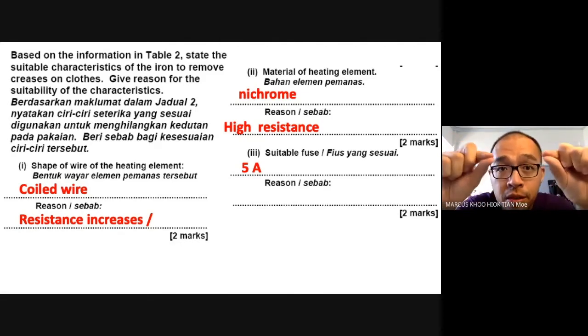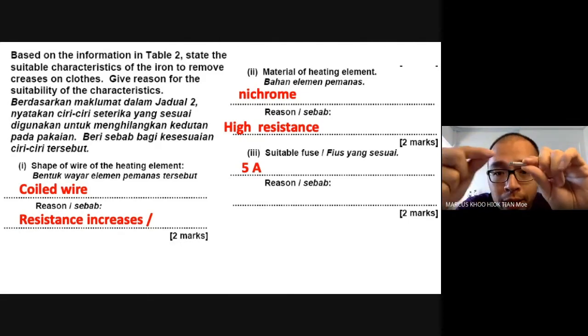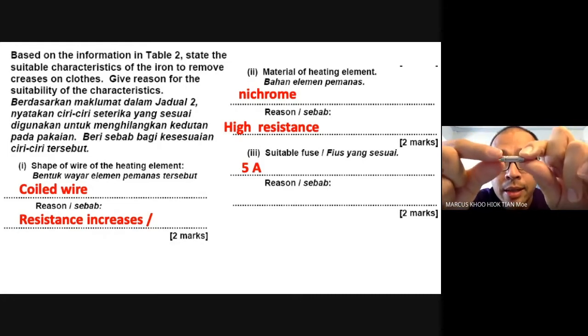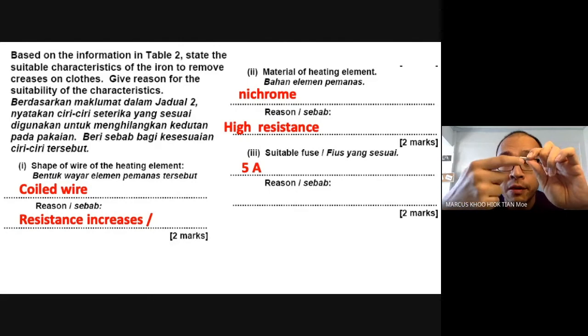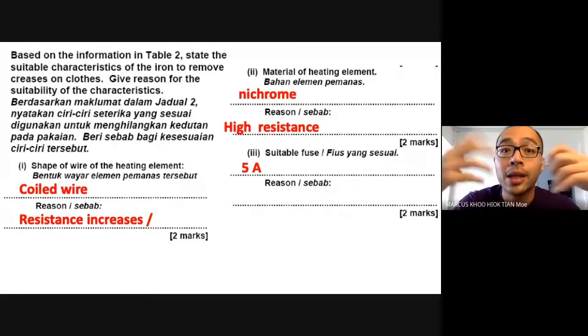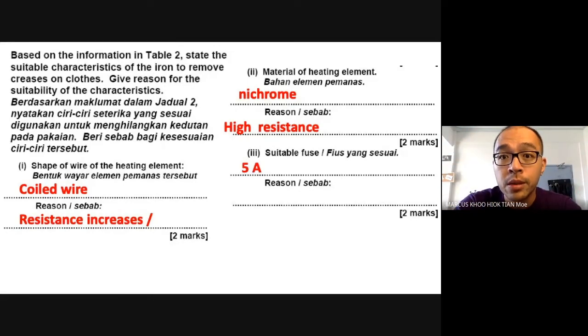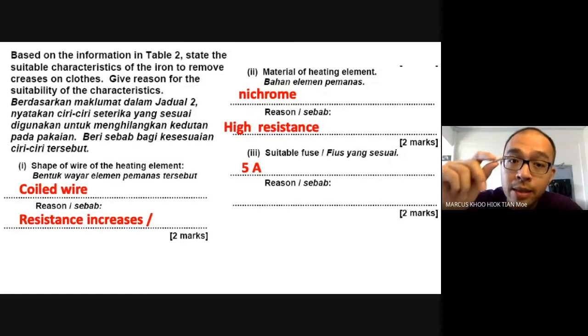If more than 13 amps flow through the fuse, it will break and it will not allow the current to flow through. Its role is very important.